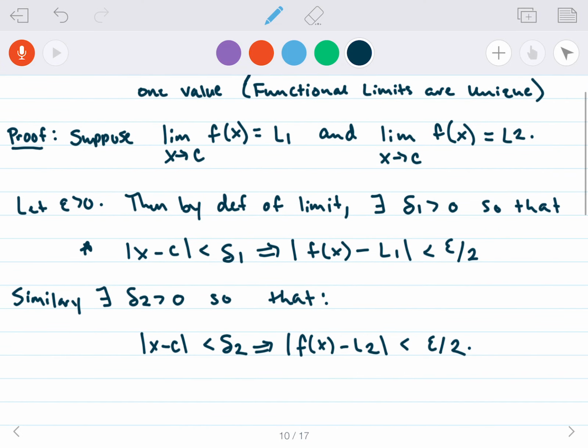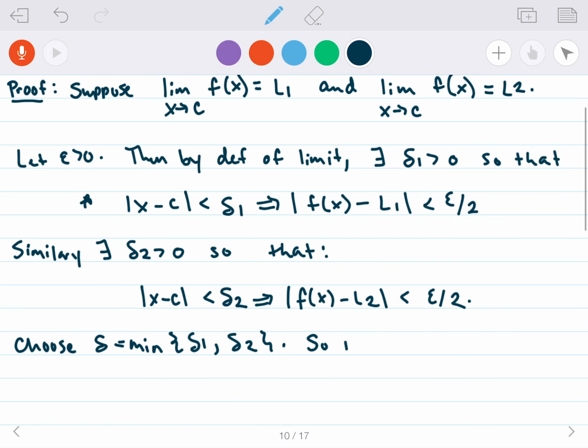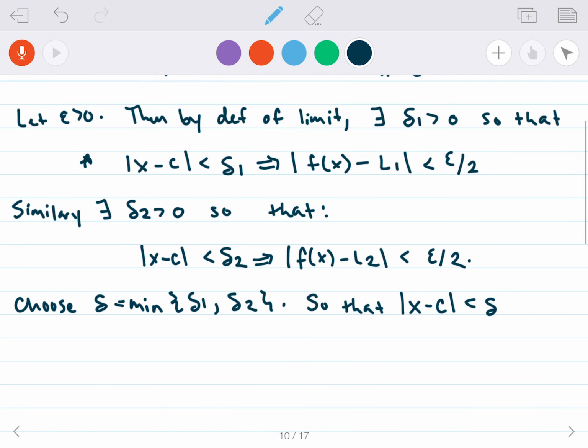Okay? And so then we're going to choose delta to be the minimum of delta 1 and delta 2, so that x minus c being less than delta implies that x minus c is going to be less than both of these, since delta is the minimum.